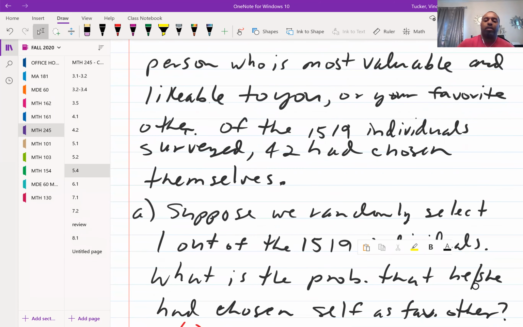So A, suppose we randomly select one out of 1,519 individuals. What is the probability that he or she had chosen self as a favorite other?